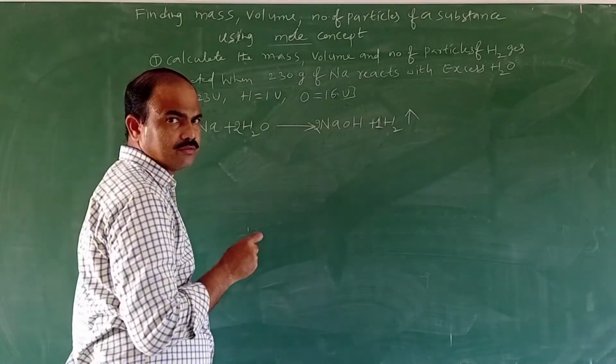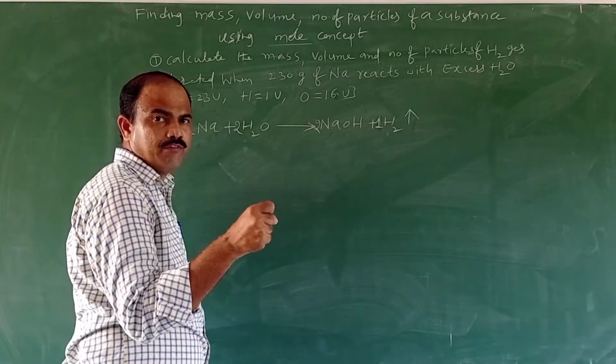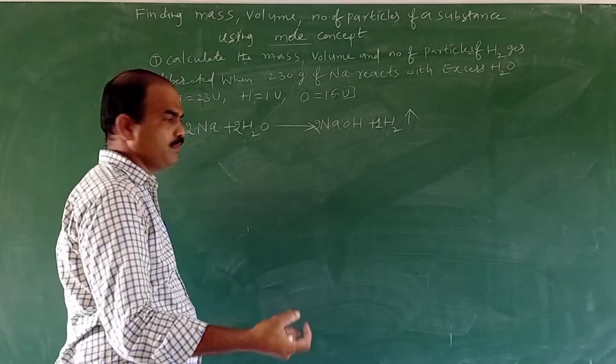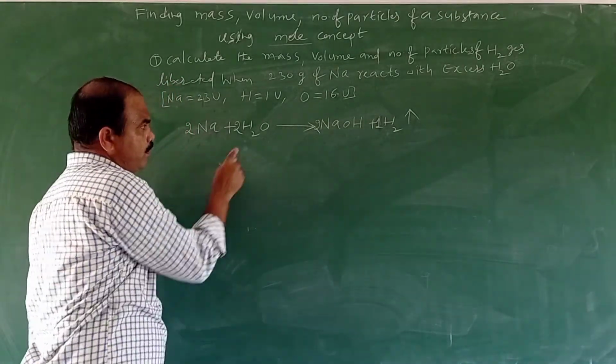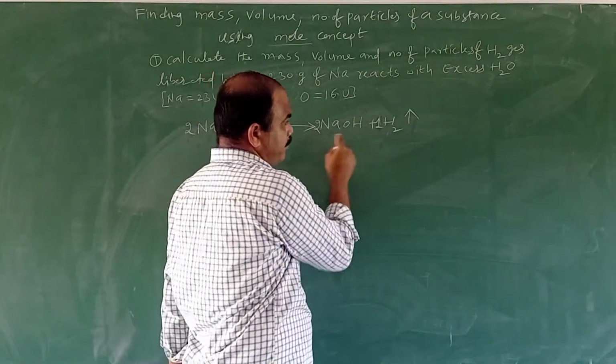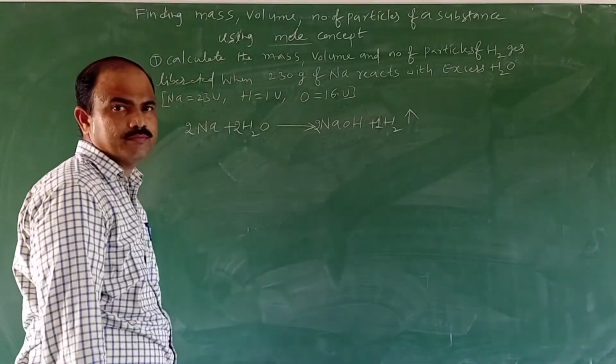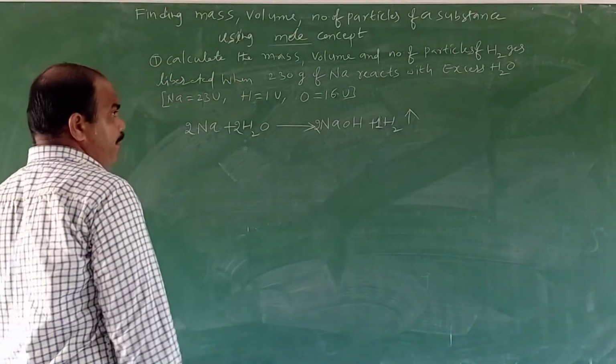So you have to remember the coefficients give the information about the number of moles. And 2 moles of sodium, 2 moles of water will react, then 2 moles of sodium hydroxide and 1 mole of hydrogen gas will be produced. So this you have to remember.